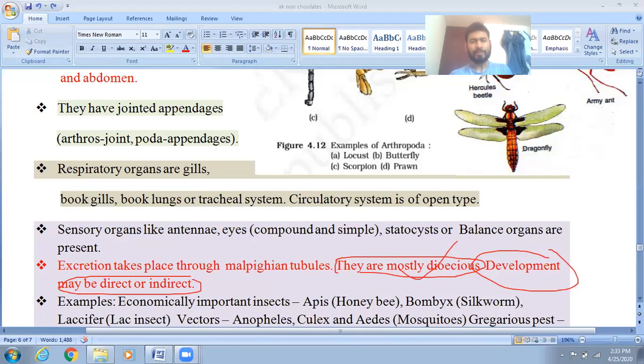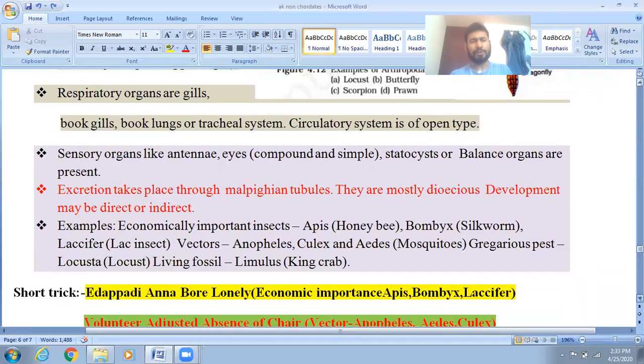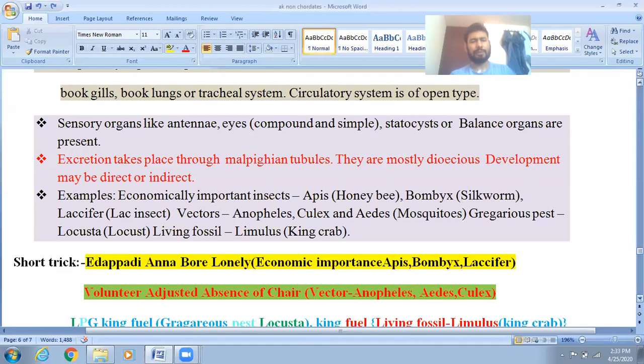If you check the examples, they have given a number of examples. This is a big task, how will you learn? I have made some tricks by which you can learn. First, for Tamil: Edappadi Anna Bore Lonely. Edappadi is the CM of Tamil Nadu state.